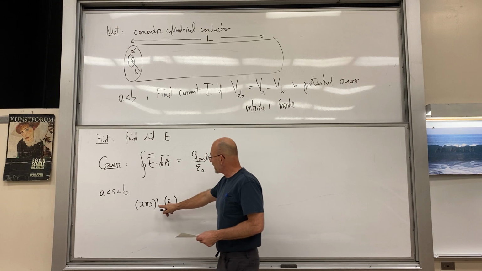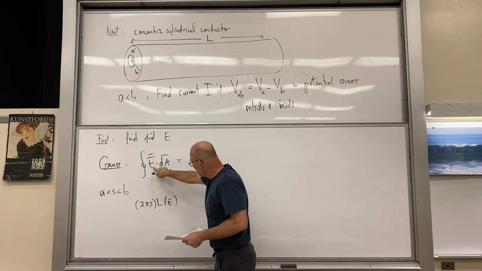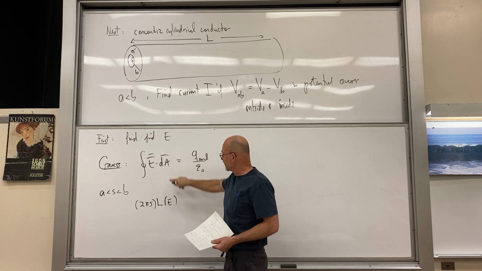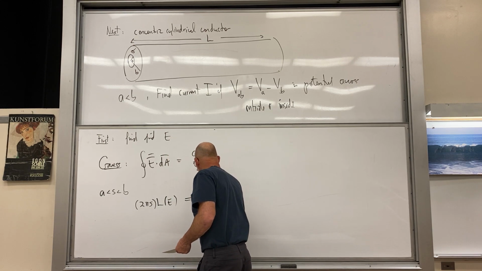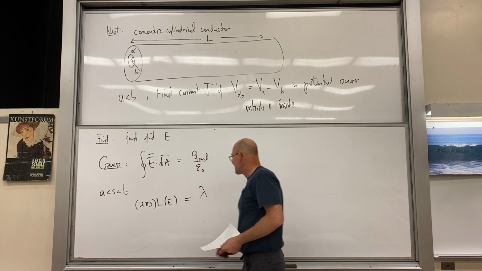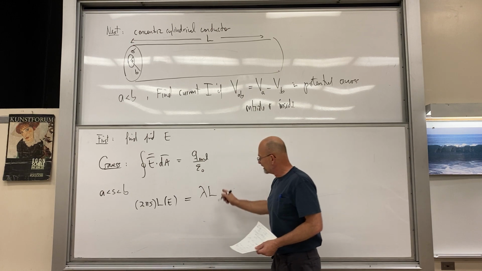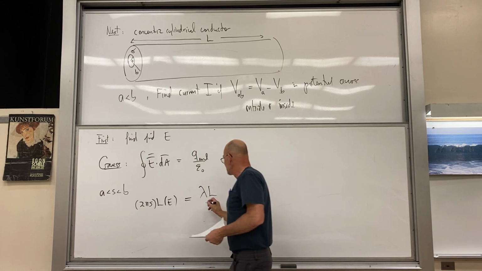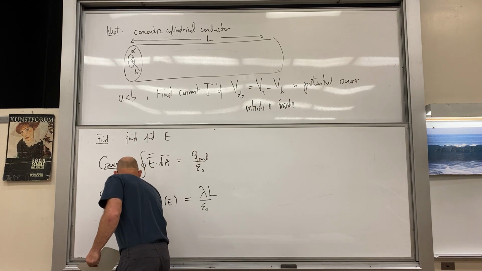So E times 2 pi S times L, because E and dA are parallel to each other. Okay, so we get that. Now the enclosed charge is going to be a constant linear charge density times L, so that's going to allow us to cancel the L's, divided by epsilon naught, and now we're going to solve for E.